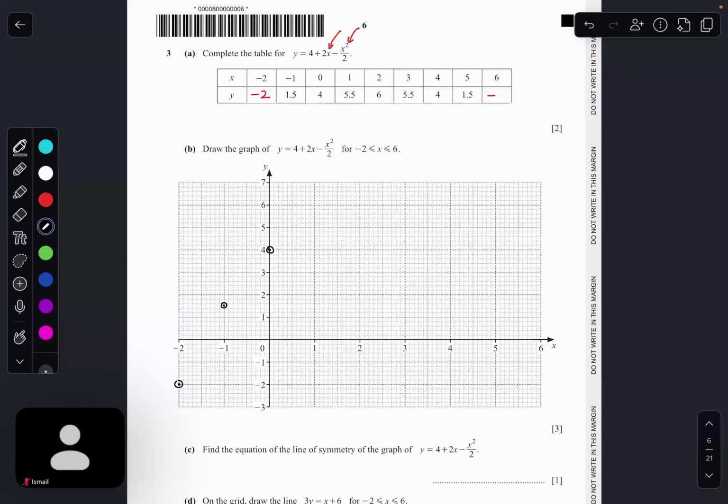And we have 1 and 5.5. 2 and 6. 3 and 5.5. 4 and 4. Okay, the next one is 5 and 1.5. And then 6 and what was the value? -2.